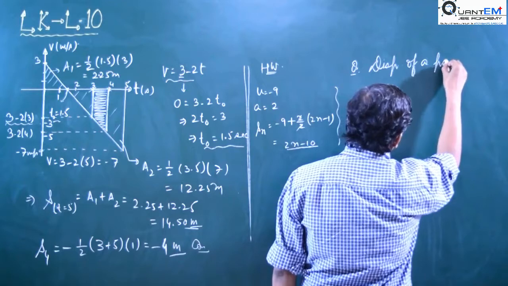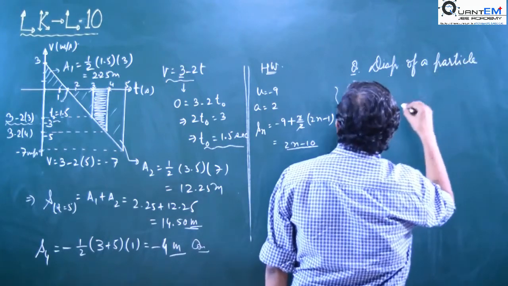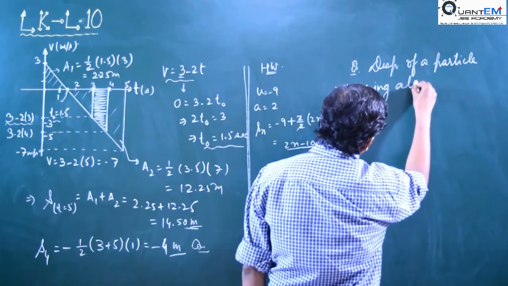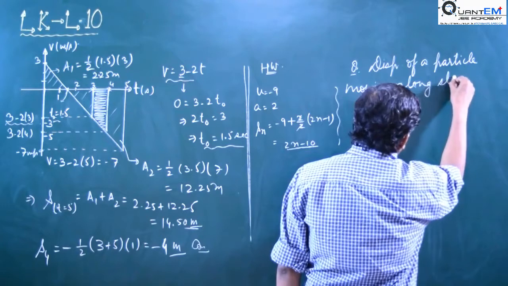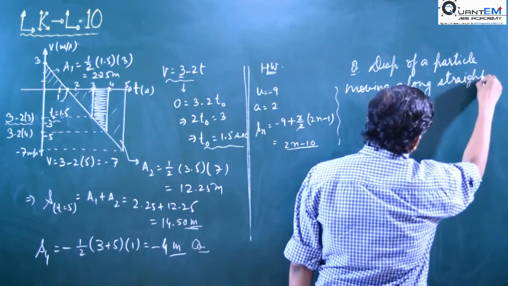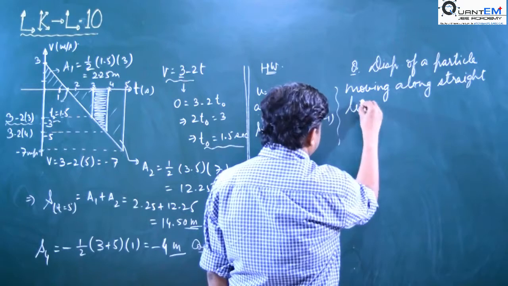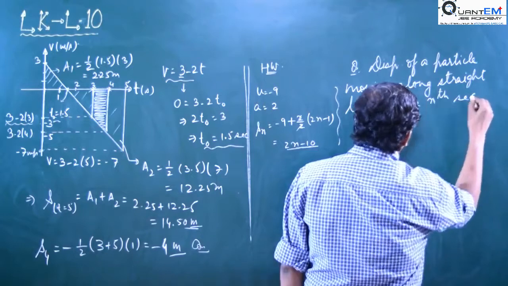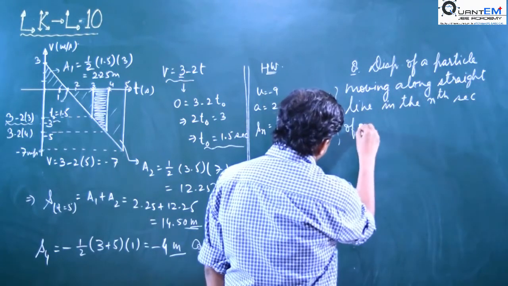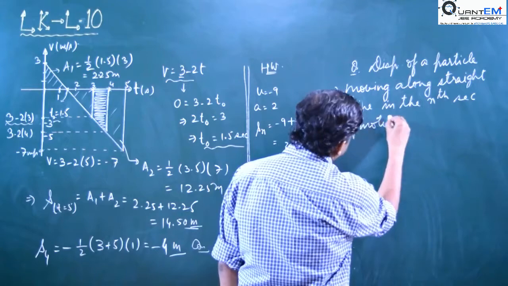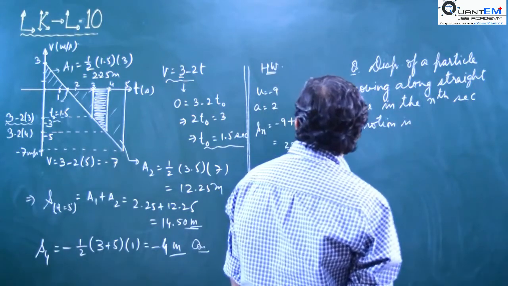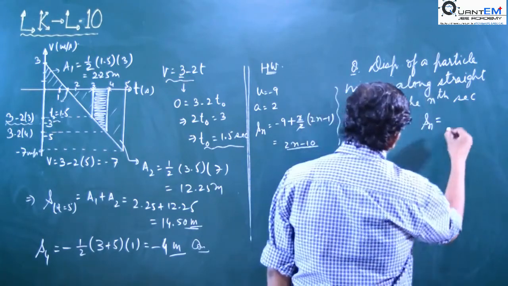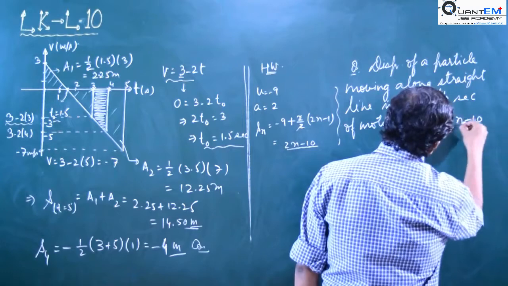Displacement of a particle moving along a straight line in the nth second of motion is Sn is equal to 2n minus 10.